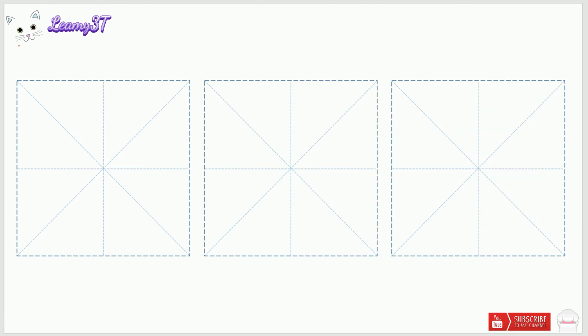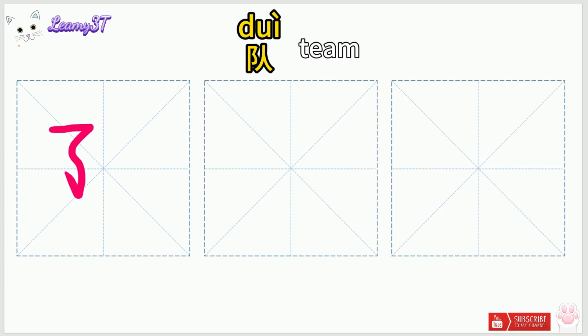The second character is 对. This word means team. Since we're mainly practicing strokes, I deliberately chose a simple character.